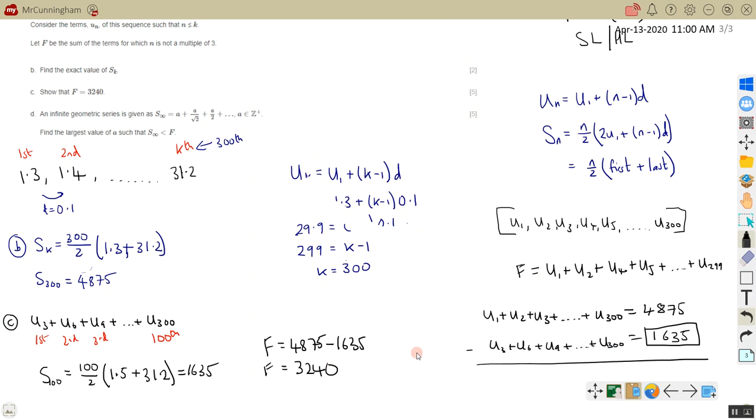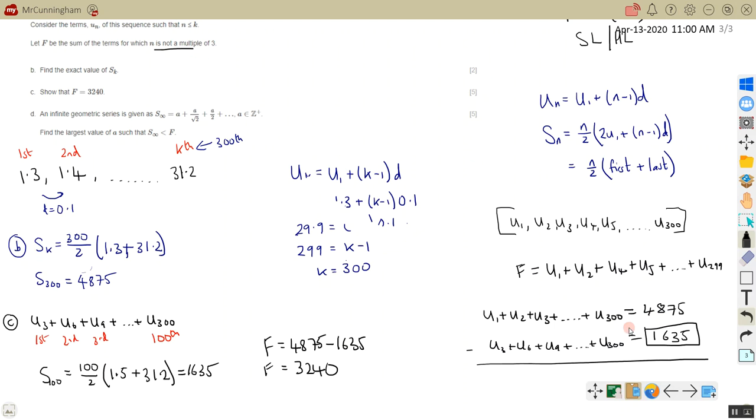Okay, that's quite tricky, just in terms of how it's worded, but hopefully it makes sense. I've got the sum of the first 300 terms. I've also got the sum of just the ones which are multiples of 3. Subtract them, and that gives me everything that is not a multiple of 3.